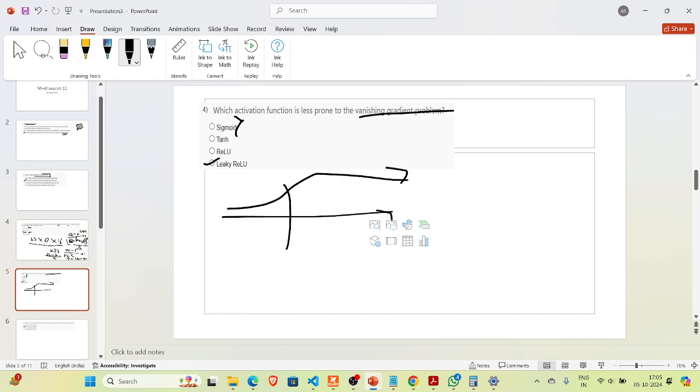I have marked leaky ReLU because in negative values it has a slight non-zero value, so the gradient of leaky ReLU never goes to 0.